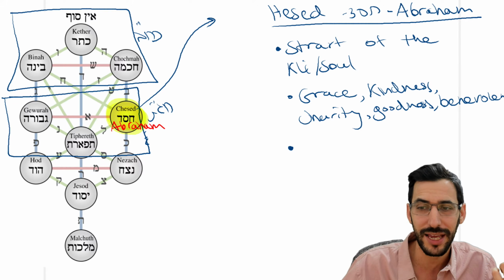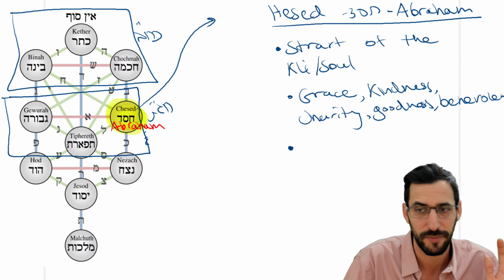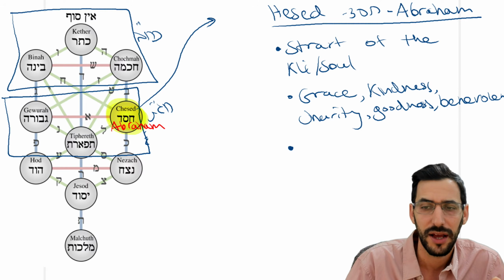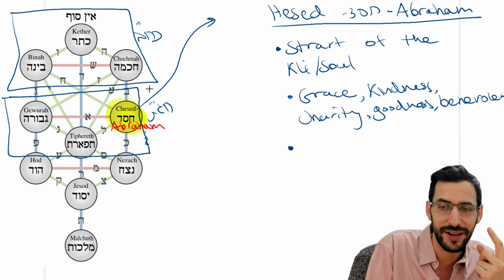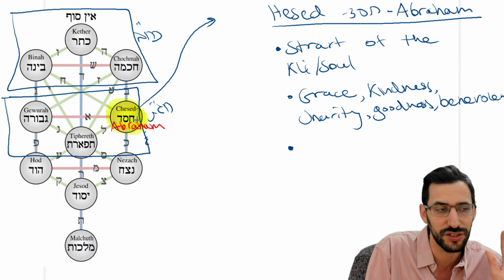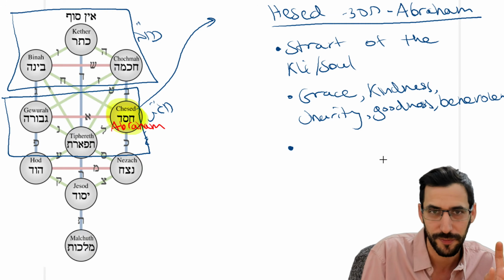The purpose of creation cannot be achieved without Chesed, without this grace, kindness, charity, goodness, benevolence, etc. Now, when Hochma is clothed in Chesed, this is the first revelation of this force, this overall force.